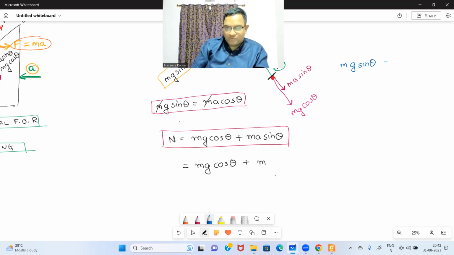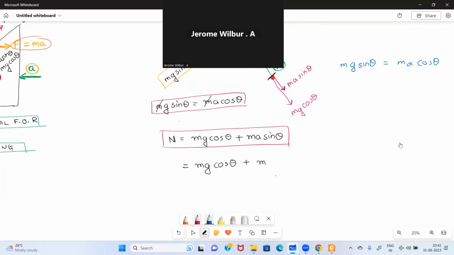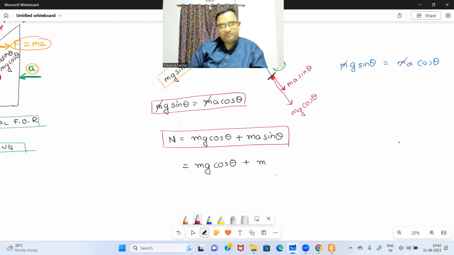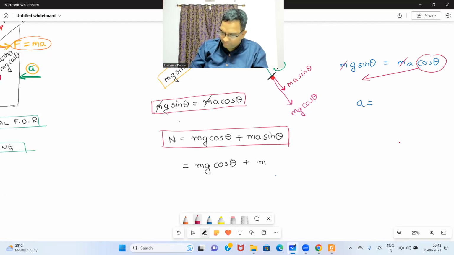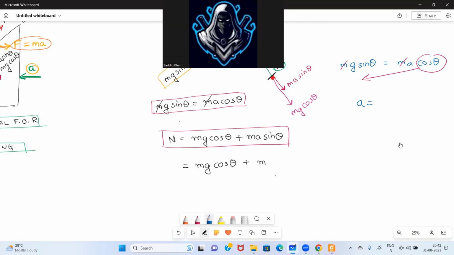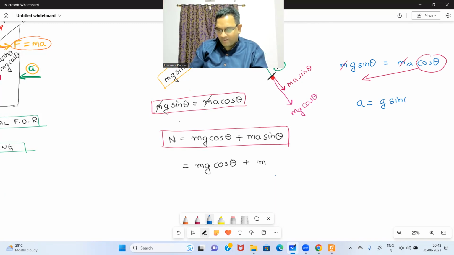Mg sin theta is equal to what? MA cos theta. So what gets cancelled? M. So what is A? Bring this cos theta down. So what do you get? G tan theta. G tan theta is correct, Sadiq. Or I will simply write it as G sin theta by cos theta.